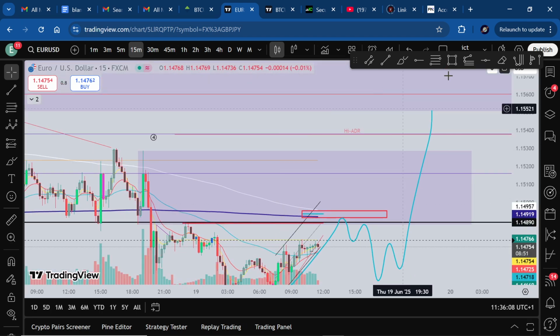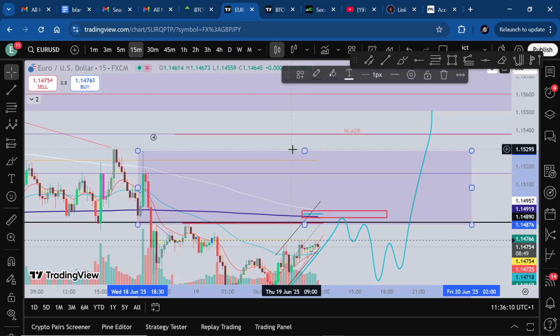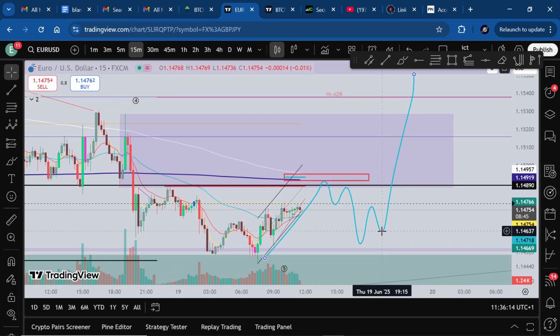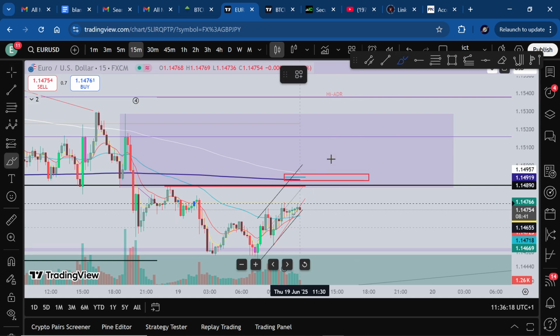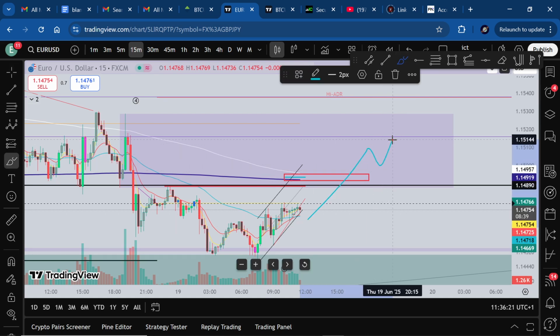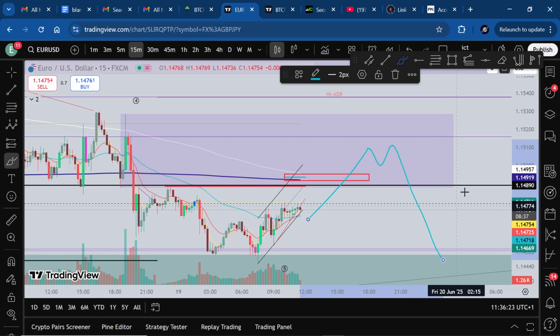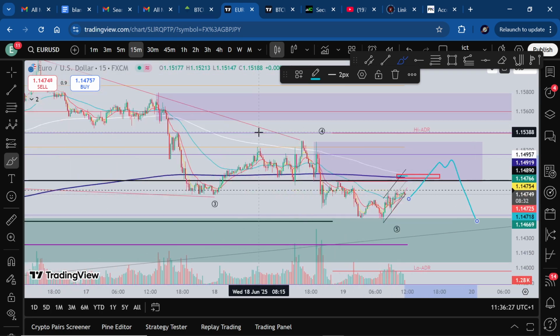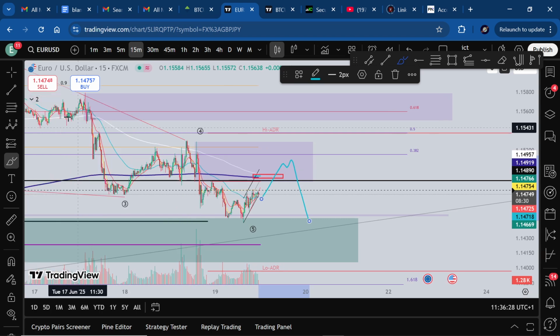Okay, that's one scenario. If not, then the other scenario, which is also quite probable, is that we come into this box here, and it's from here we start to distribute and go lower. Okay, so basically we're looking for sales from this box over here or all the way up here.